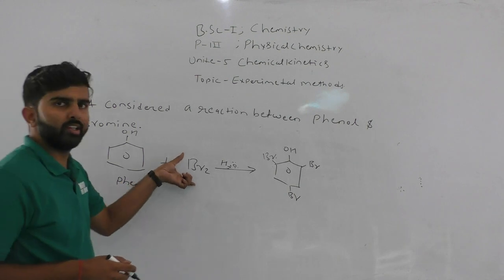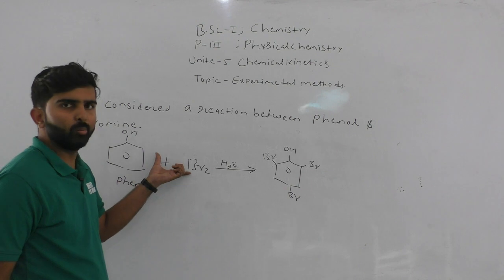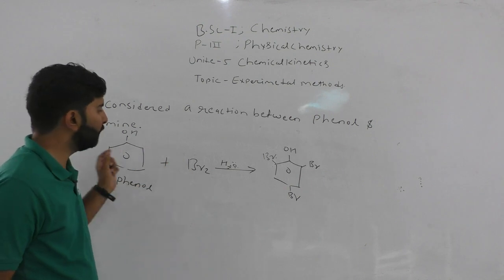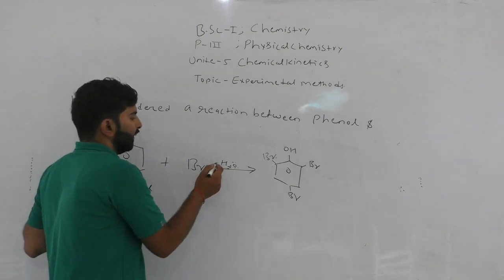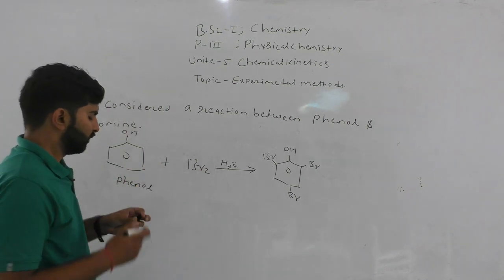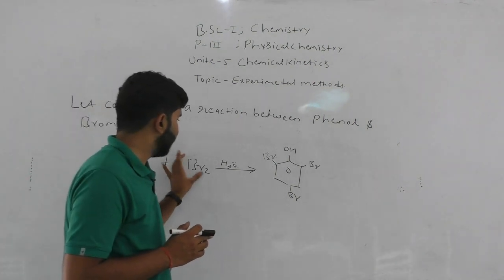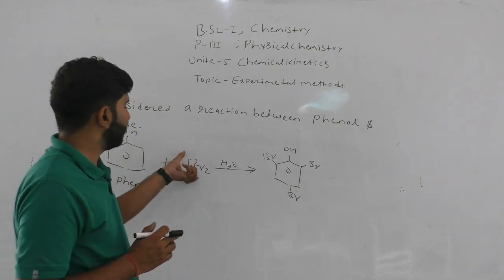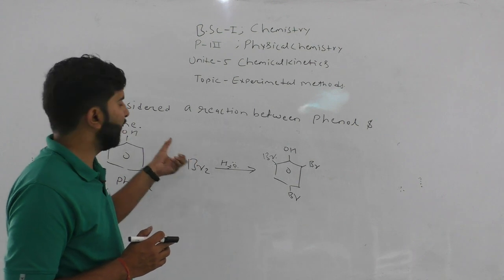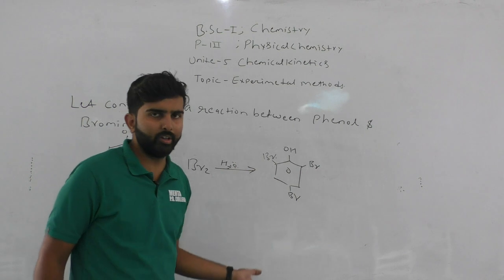Initially, the potential of the solution is due to the bromine ion, because in this reaction the formation of bromine ion takes place. So, when the reaction starts, the concentration or the number of bromine ions decreases due to the formation of tribromophenol.